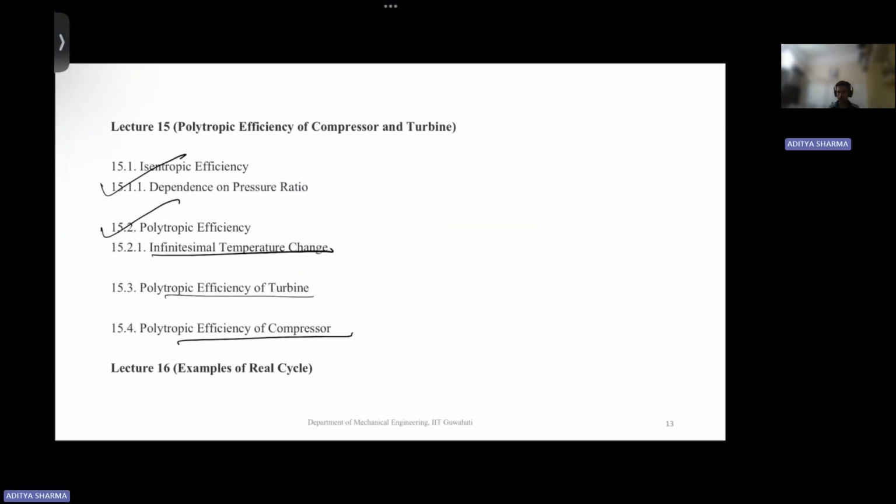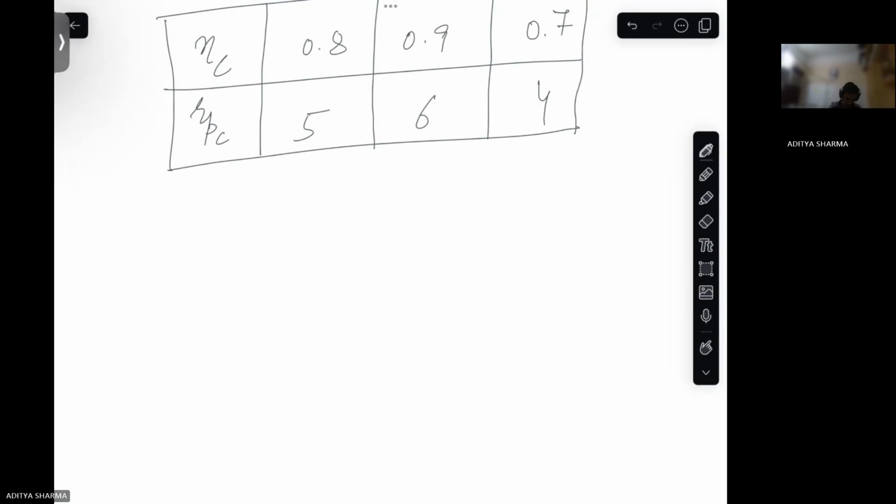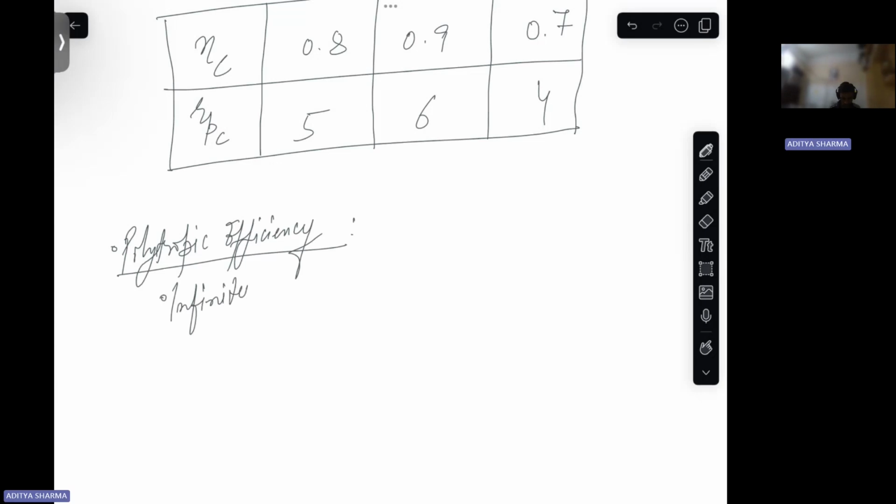So from this topic, infinitesimal temperature change, polytropic efficiency. Here, infinitesimal temperature change.